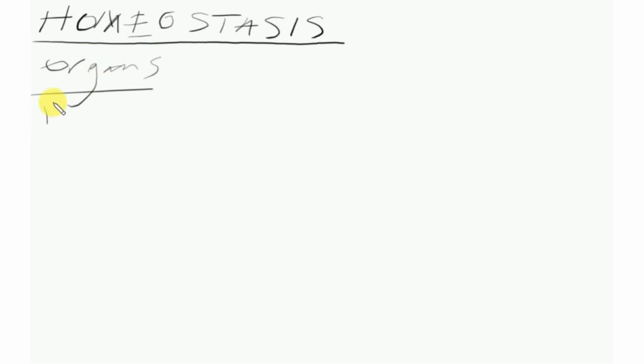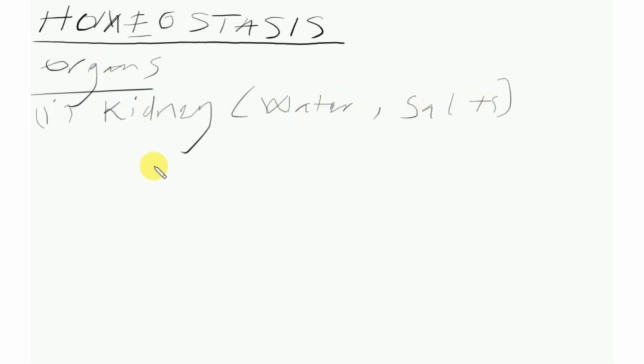The first organ, we have the kidney. This regulates the water levels and the salt levels. Then the second organ, we have the liver.